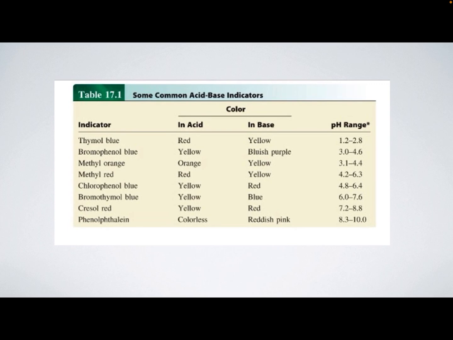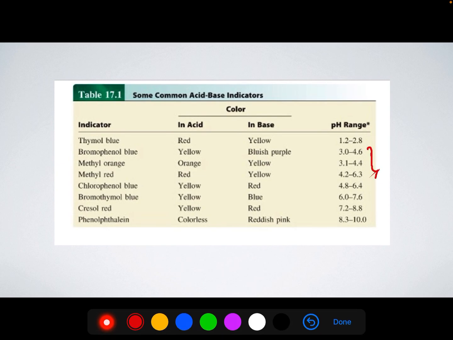So since berlaku between 3 to 7, kita kena cari yang pH range dia pun between 3 to 7 jugalah. So yang between 3 to 7 ada agak banyak, which is bromophenol blue, methyl orange, methyl red, chlorophenol blue and bromothymol blue. So betul lah, inilah indikator yang sesuai untuk strong acid, weak base.